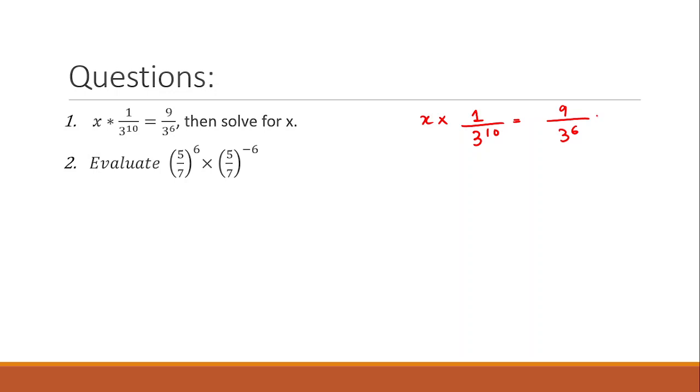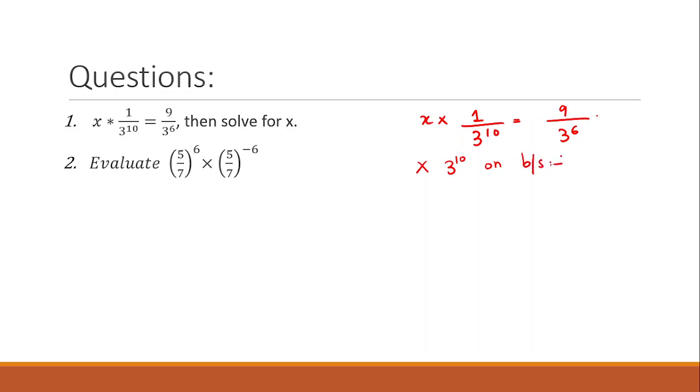What the question is asking is to find the value of x. So we have to isolate x on one side and find the value. In order to isolate x, I need to remove this 3 to the power 10, right? So I can simply multiply 3 to the power 10 on both sides.